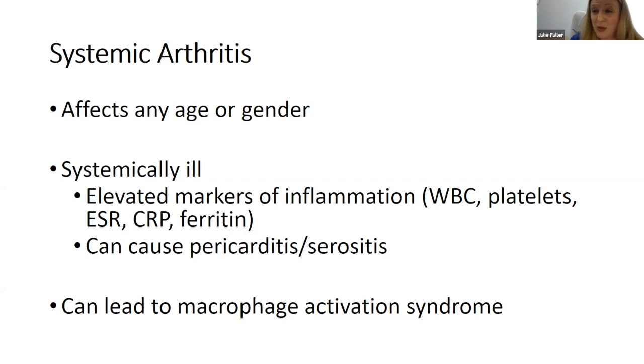So initially they'll present with very high white count and platelet count, and then with MAS, they have cytopenias. They can oftentimes have multi-organ failure and present with a DIC-like picture with very high LFTs and D-dimers, often in the ICU, and this carries about a 30% mortality risk.